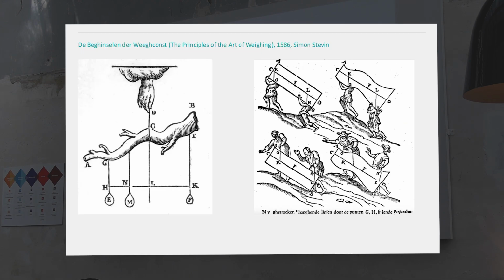Sometimes you can combine the two. The hand appears here among other realistic figures and mathematical abstractions in Simon Stevin's book, The Principles of the Art of Weighing. This is arguably the first book that combines abstraction and illustration in order to explain mathematical or scientific principles.